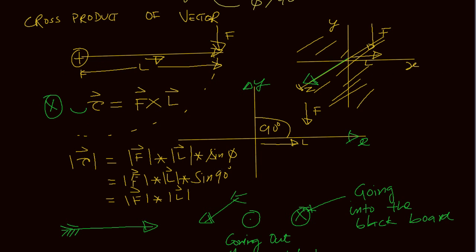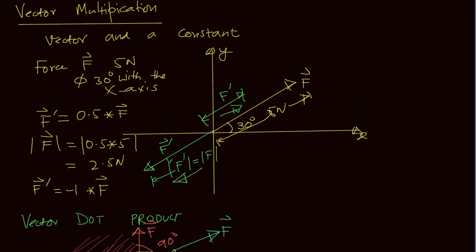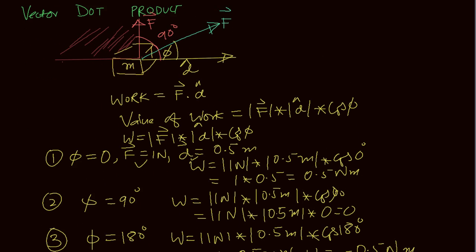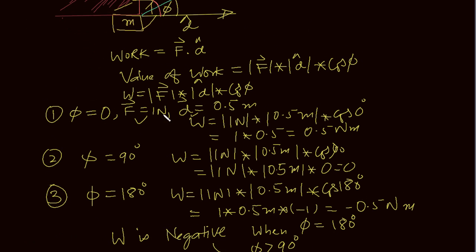So this is what we have covered in vector multiplication with a constant. We saw the constant does not do much to direction. It can go in the opposite direction, but it basically changes the magnitude of the vector. In dot product, you get a scalar out of two vectors, and we saw that if the angle is 0, the work done is the multiplication of force and displacement.